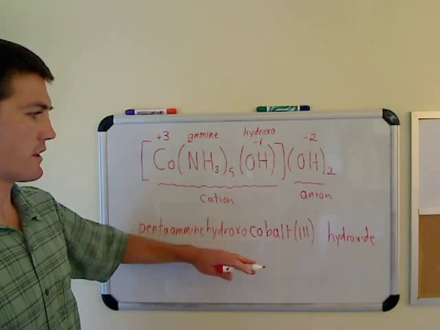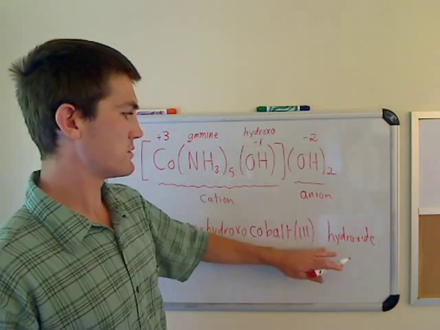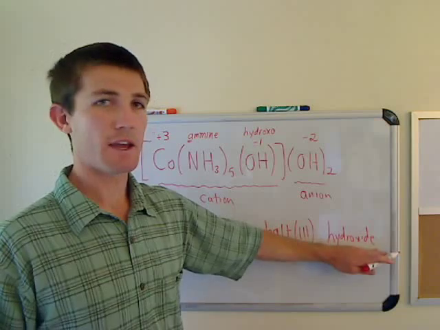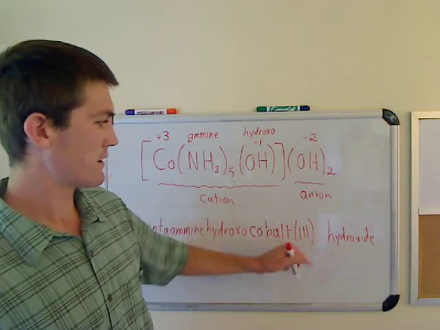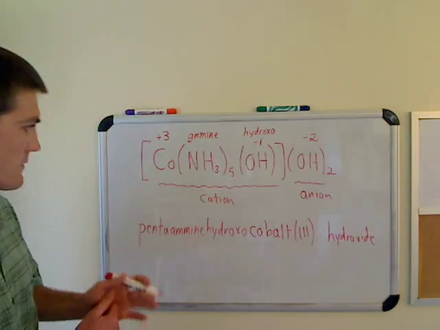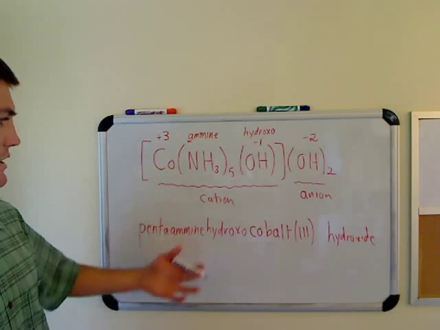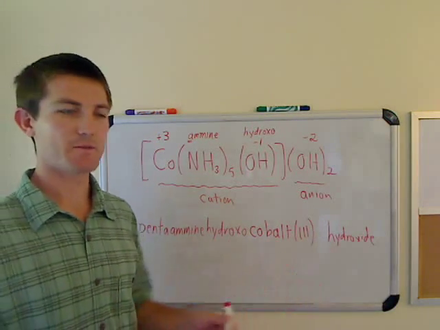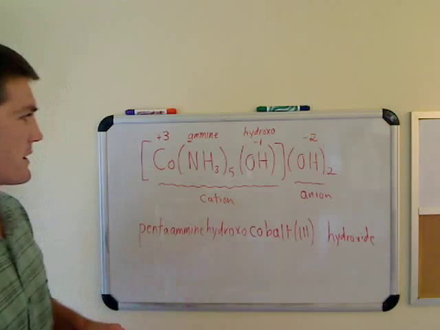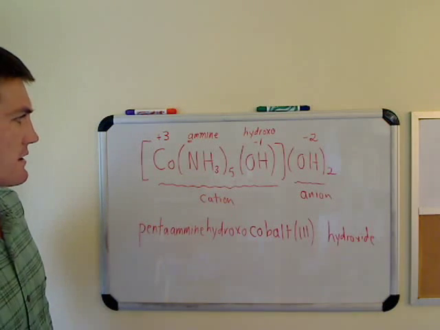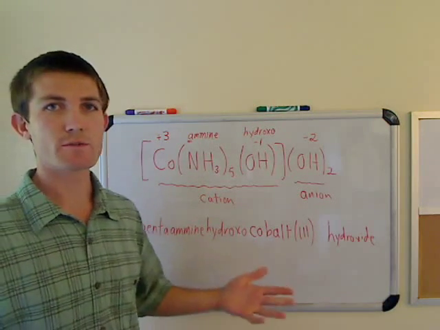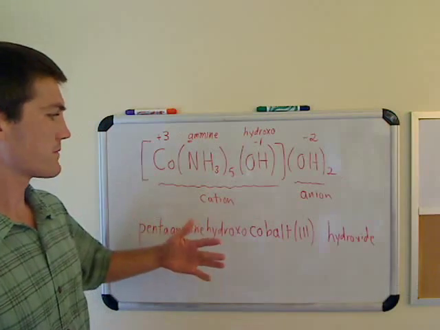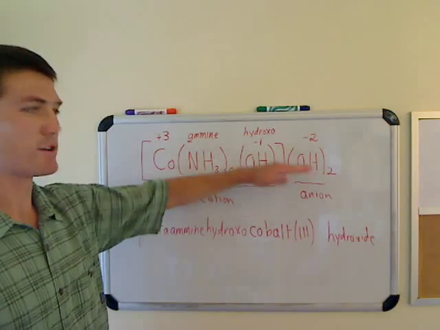So it's just a big mess of letters, but we do have a space between the complex ion and the counter ion. So there's a space right there. So pentaamine, hydroxo, cobalt 3, hydroxide. Hopefully not too bad.